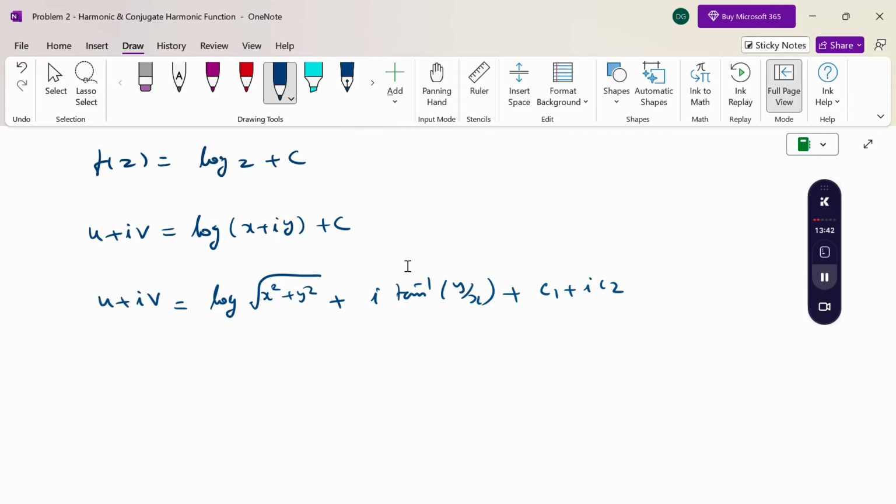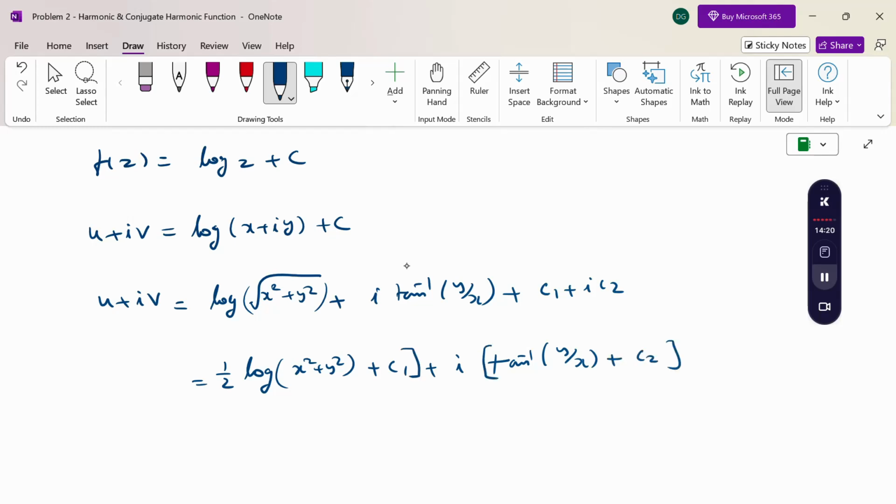Now u plus iv has a real part and an imaginary part, and based on that we are going to calculate. This is the form. Removing the square root, it is 1 by 2 log of x square plus y square plus c1, plus i into tan inverse of y by x plus c2.